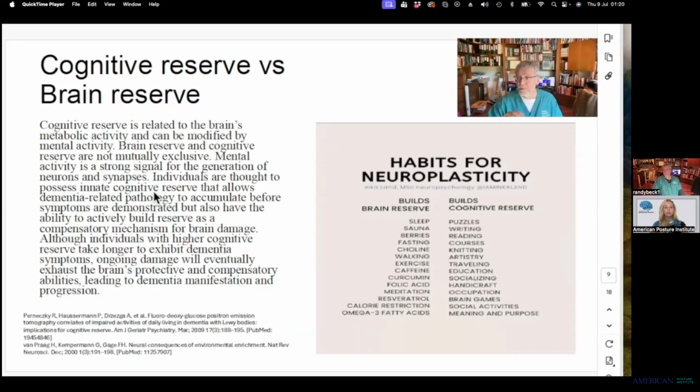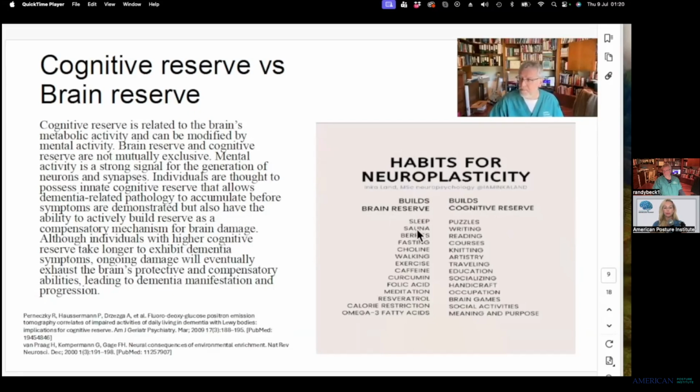Individuals that produce a lot of cognitive reserve can accumulate a lot of dementia-related pathology before they start to demonstrate symptoms. So again, we want to build this reserve as high as we can. Now, what are the things that build cognitive reserve as opposed to brain reserve? Brain reserve is basically the brain's protective and compensatory ability in an overall functional capacity.